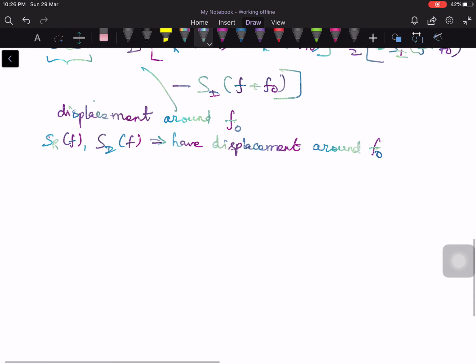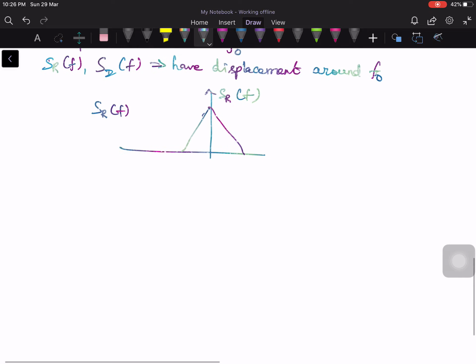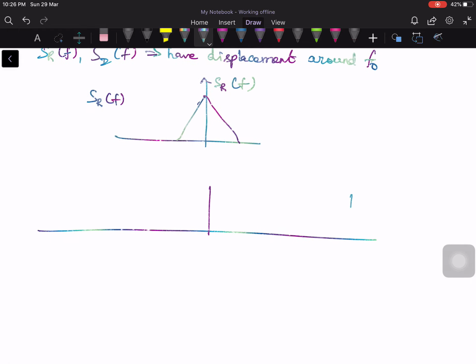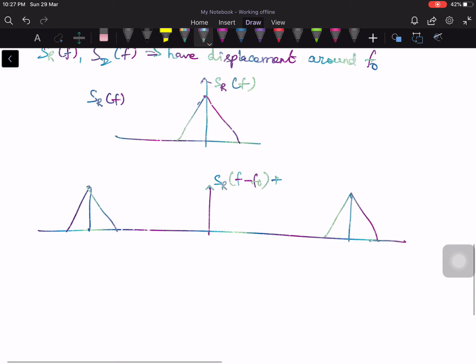Suppose your s sub r of f has a spectrum like this, then this is s sub r of f, and this indicates s sub r of f minus f naught plus s sub r of f plus f naught.